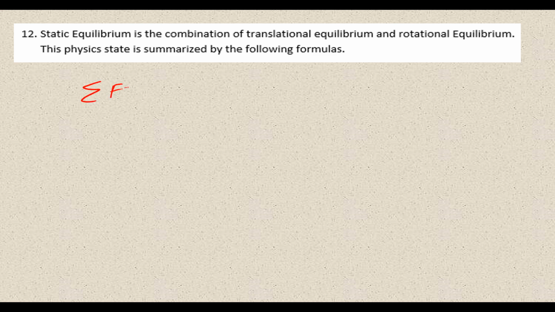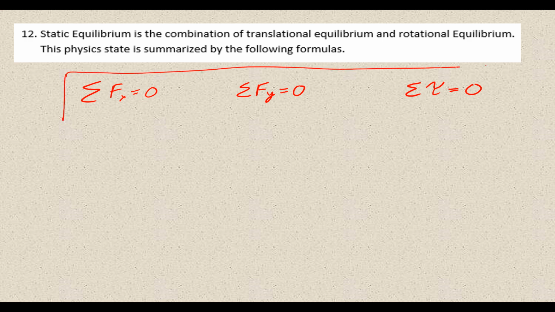Sum of the forces in x equals 0, sum of the forces in y equals 0, and sum of the torques equals 0. Now, you all need to know what the next step is. But this is the rule. That's all I wanted you to be able to get down.